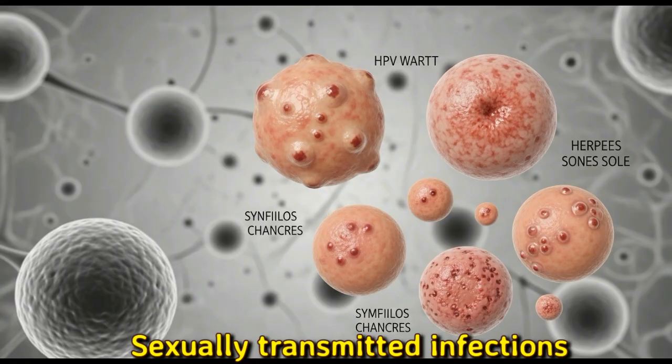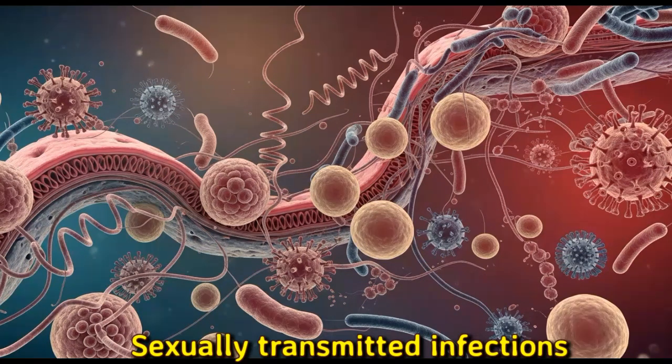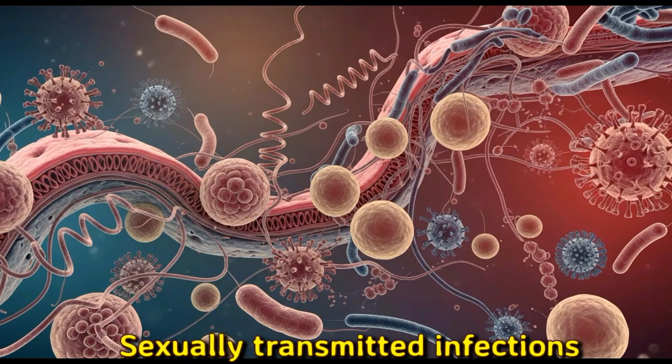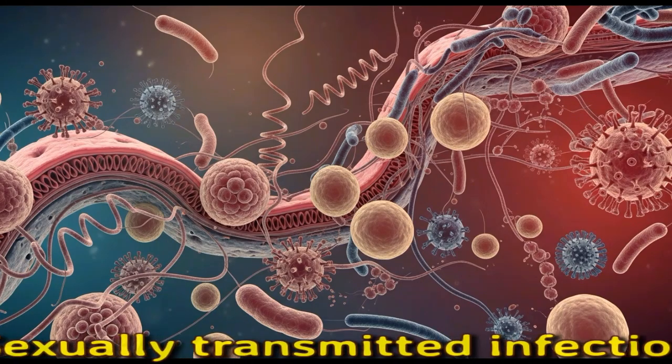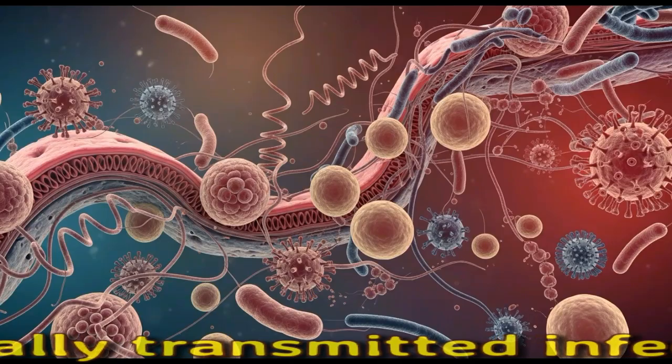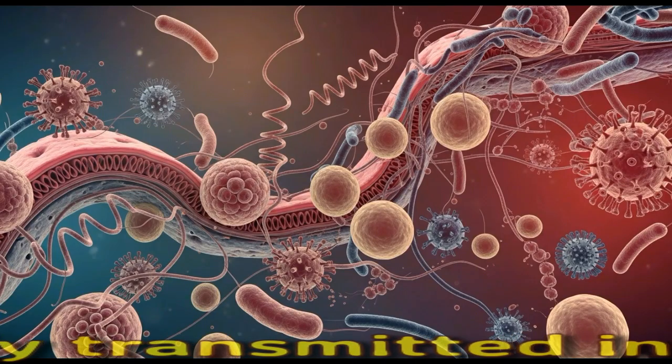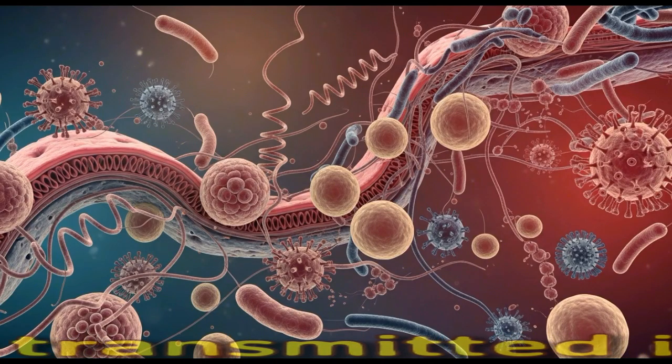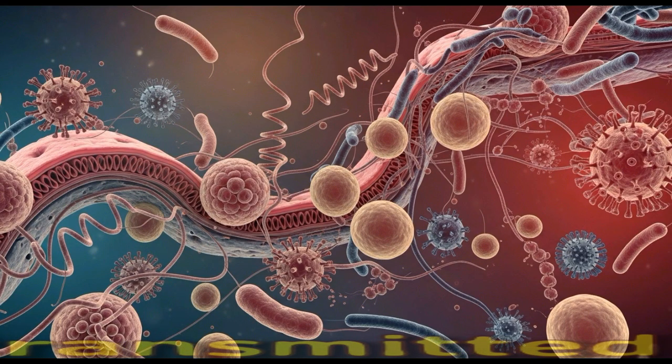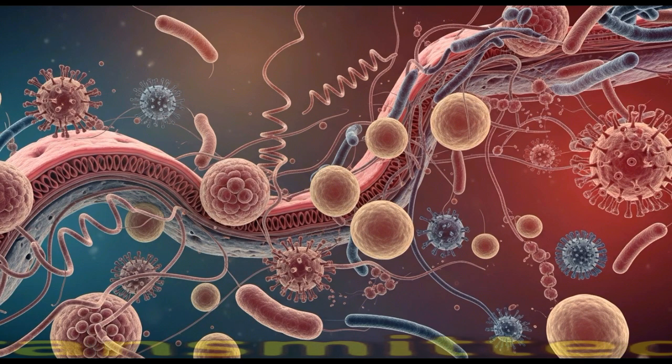Symptoms of sexually transmitted infections can vary widely but may include pain, swelling, or itching in the genital area, unusual discharge from the penis or vagina, blisters, sores, or warts on the genitals, intermenstrual bleeding, fever, headaches, or fatigue.